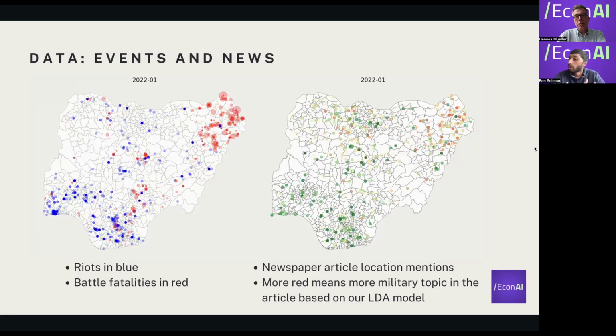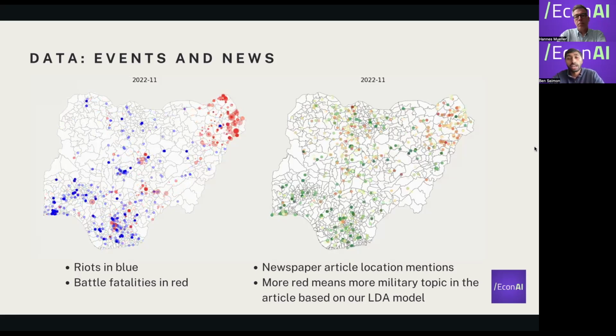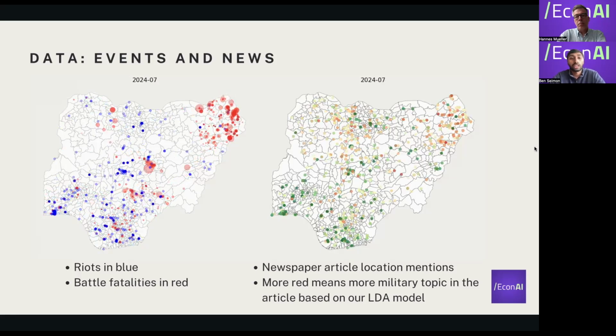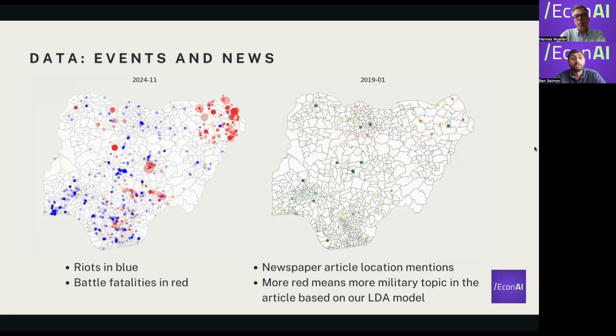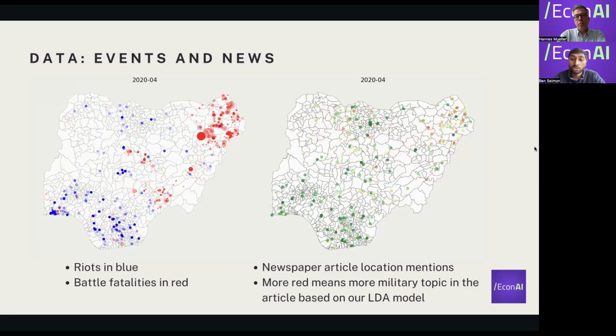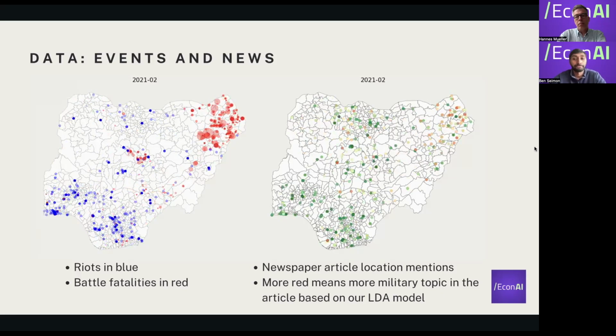The military conflict topic is made up of lots of words such as violence, targeted, weapons, soldier. And what you see very clearly here is that in the northeast of Nigeria, we have increased battle fatalities, and we also see a darker red on the newspaper articles. So more news reporting in places where there is more violence.